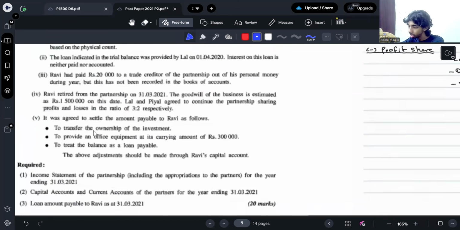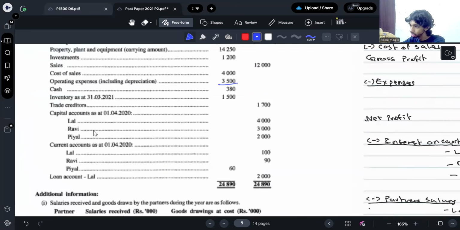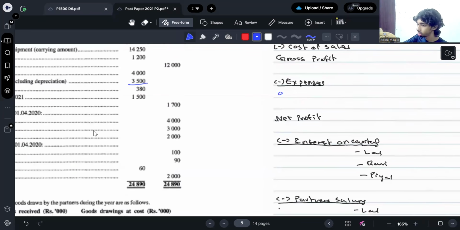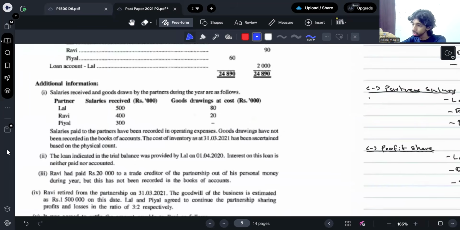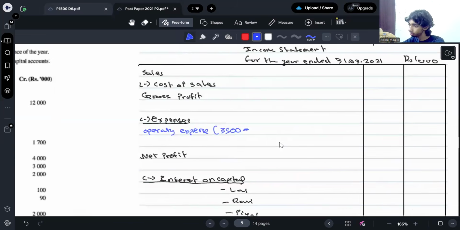So in the income statement, you can say operating expense 3,500 minus salary is 500 plus 400 plus 300, 1,200. So 1,200 you have to deduct.